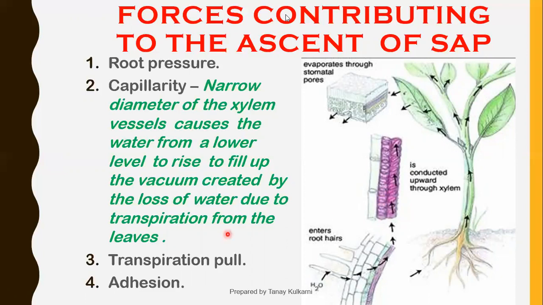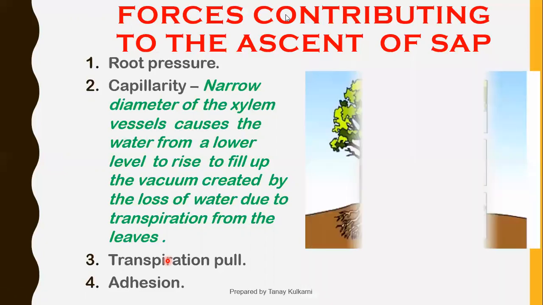The third force which acts on the ascent of sap is transpiration pull. As water is lost from the leaf due to transpiration, more water molecules are pulled due to the tendency of water molecules to remain joined.